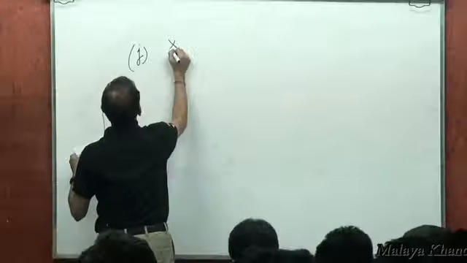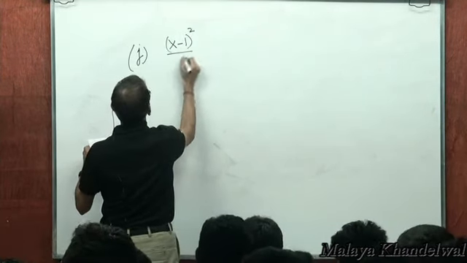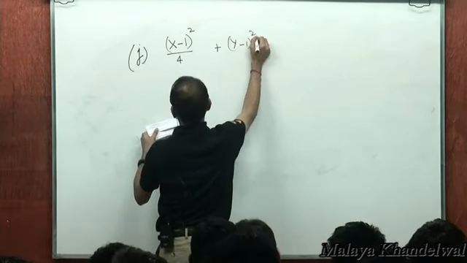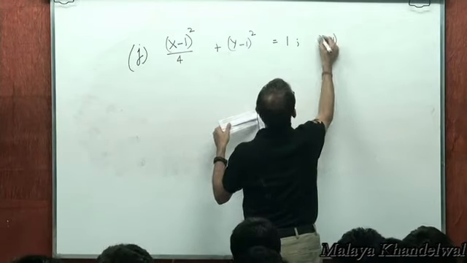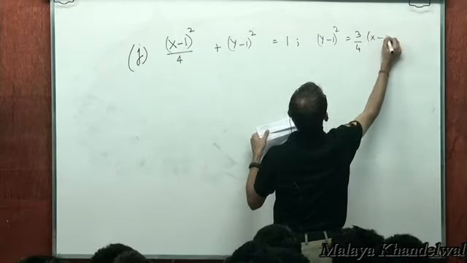We want to find the area of the region enclosed by (x minus 1) whole squared by 4 plus (y minus 1) whole squared equal to 1, and (y minus 1) whole squared equal to 3 by 4 times (x minus 1).